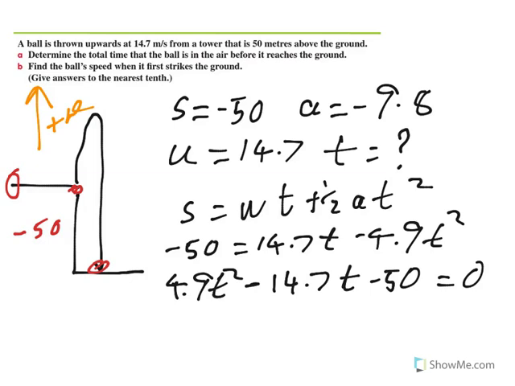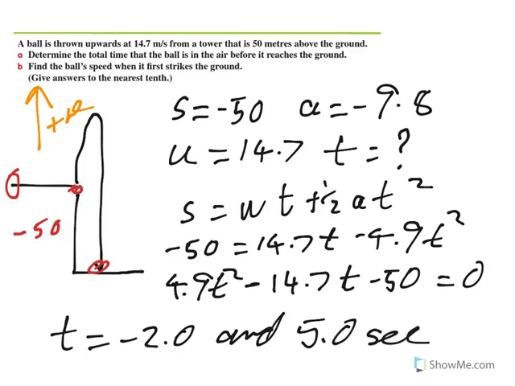When you do that, you get two answers: negative 2 and 5. In these sorts of examples, the negative time makes no sense. So the negative time is out, and so it's 5 seconds.